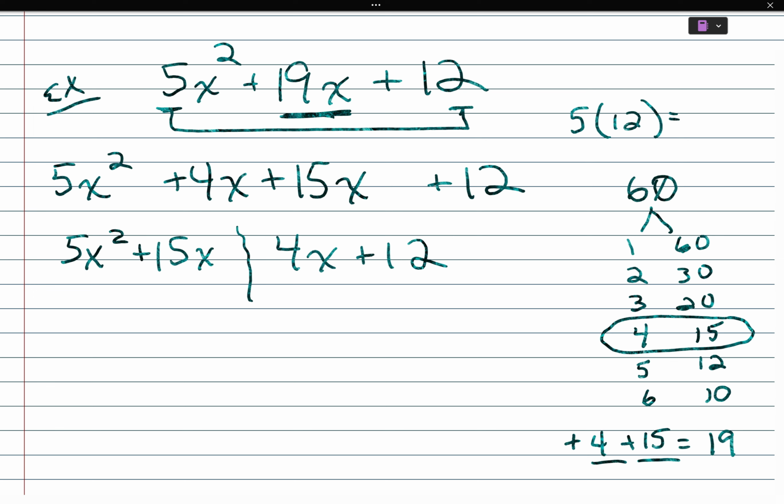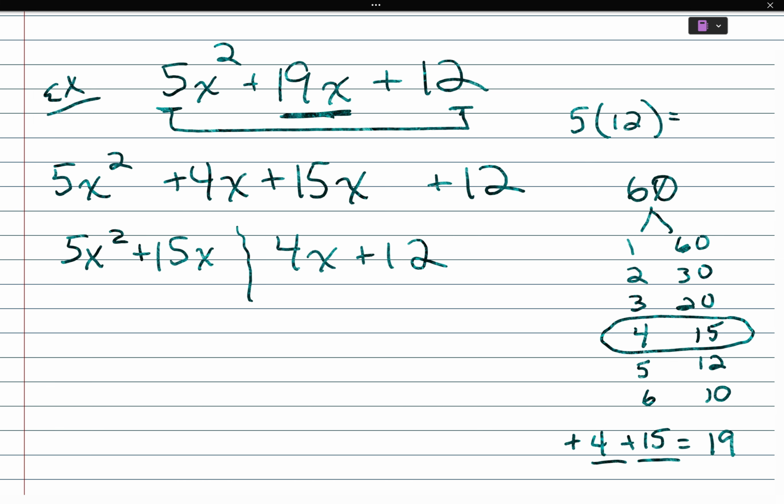The 5x squared and the 4x actually do go together because they have an x in common. And the 15x and the 12 still go together because they have a 3 in common. But I just wanted to put them together with the 5x squared and 15. I like it like that. But as long as they are legitimately grouped together with something because they have something in common, then it'll still work out for you.